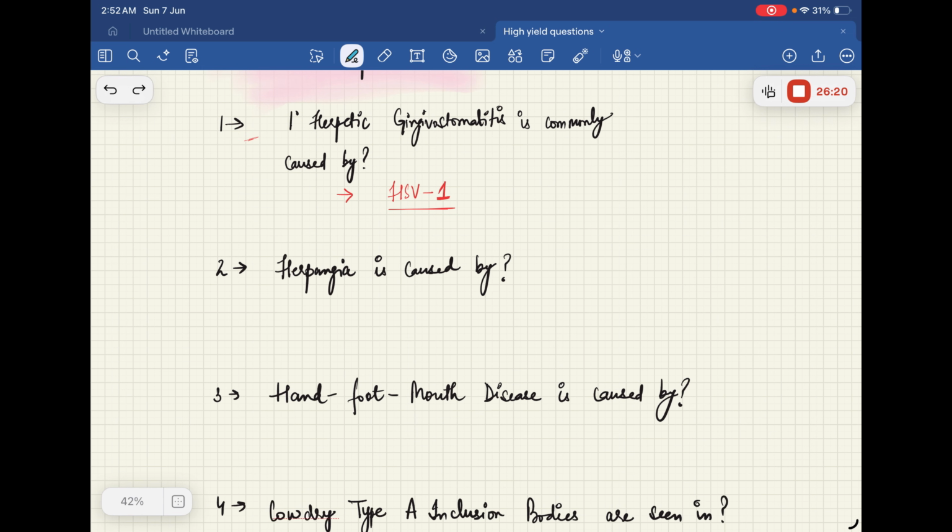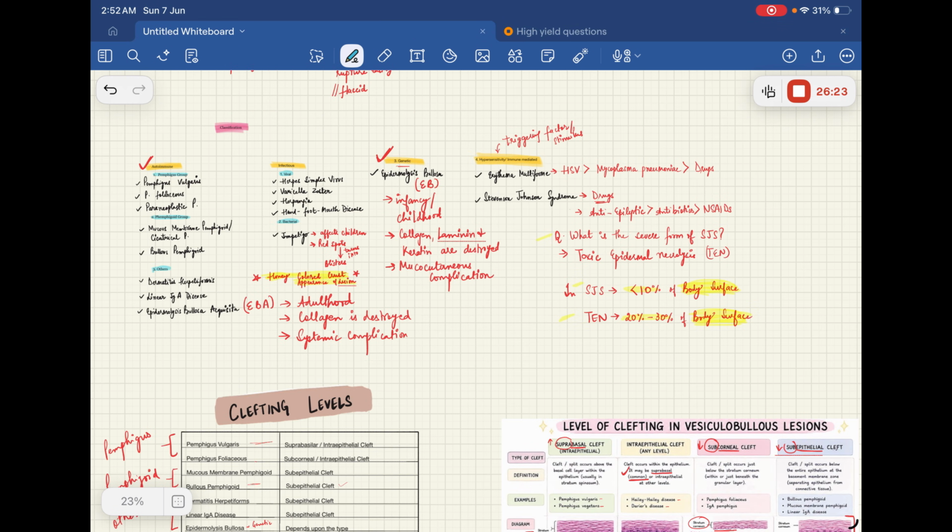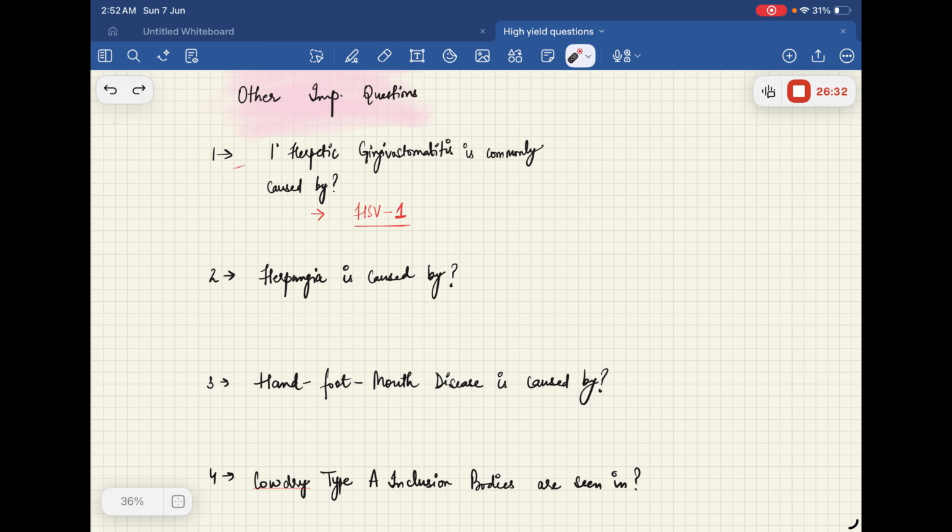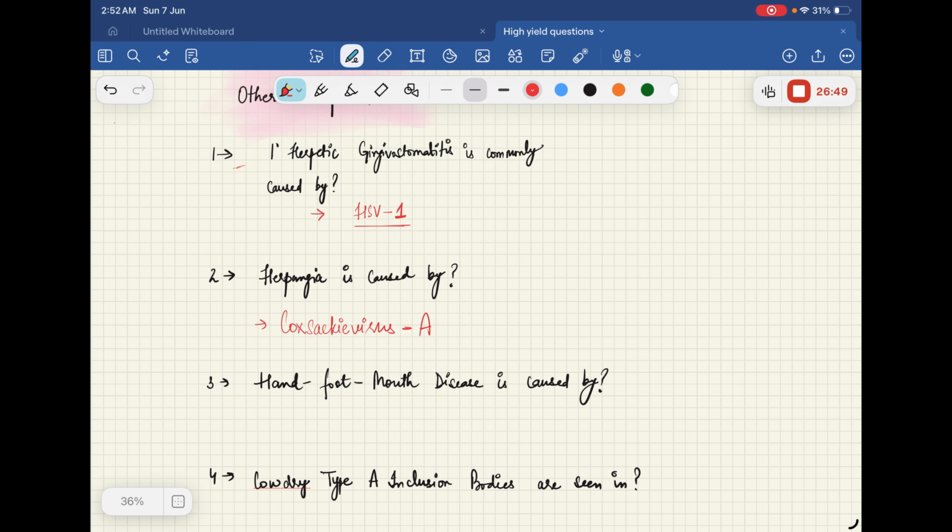Now, herpangina. We discussed herpangina in the viral group itself, right? Under the infectious type. So, herpangina is caused by Coxsackie virus type A. What is herpangina?